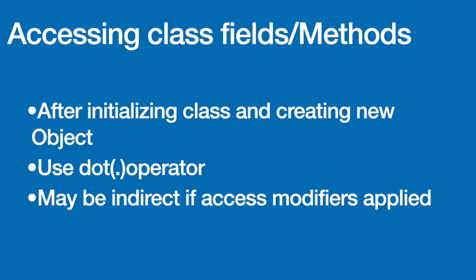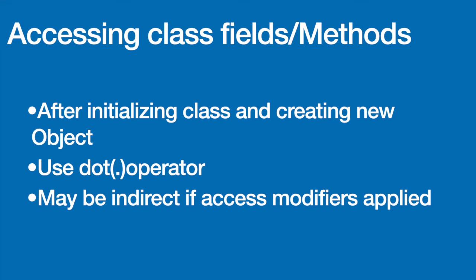So after the identifier of the class that we have used to create the object, we put the dot operator, then we can access the fields and methods if they are public. We will discuss access modifiers later. So if we define the fields and methods to be accessed only inside the class, then we cannot access them with a dot operator. We have to access them another way, using a method which is accessible. So that's what the next statement is saying.